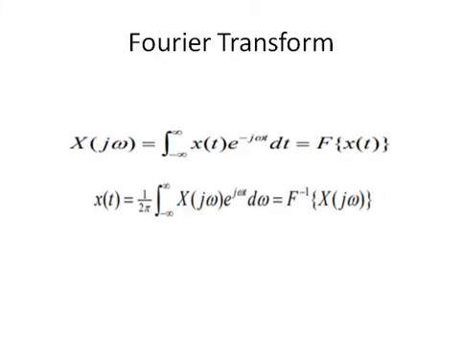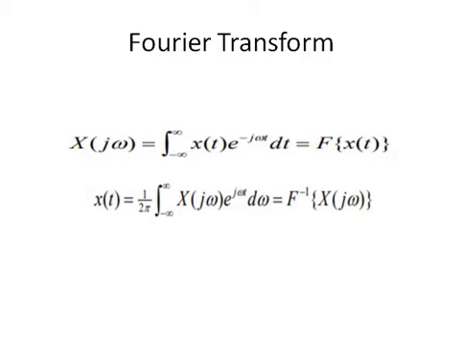So this is the Fourier transform. If you want to apply the Fourier transform for an x of t signal, then we have to use the integration from minus infinity to infinity of x of t e power minus j omega t dt. Then we will get the Fourier transform, which is x of j omega.